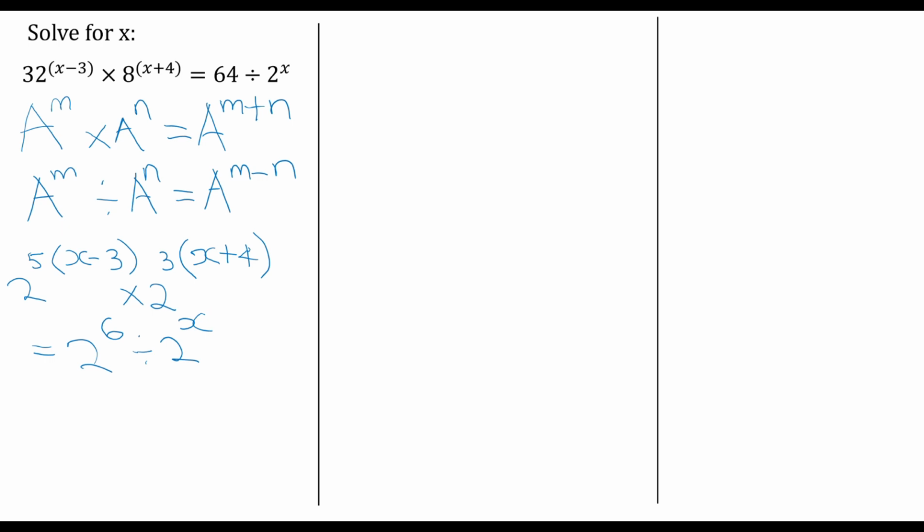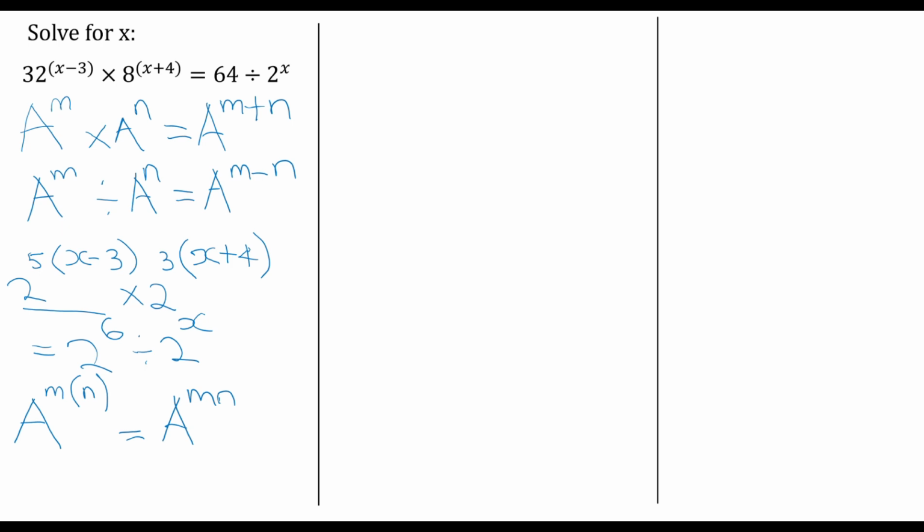Another important consideration that you need to have in mind is this one here, that is (a^m)^n is the same as a^(mn). In other words, we can go ahead and expand these brackets.